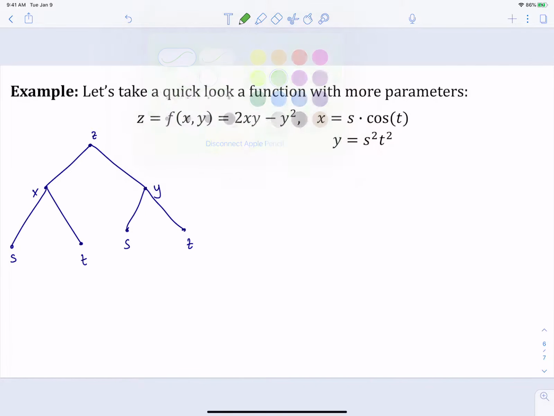They don't always have to have both variables. So if we were looking at rates of change here, since z is a function of two variables, it gets that partial derivative with respect to x, or we could find that partial derivative with respect to y. And then x is going to have a partial derivative as s changes or as t changes. Same with y.